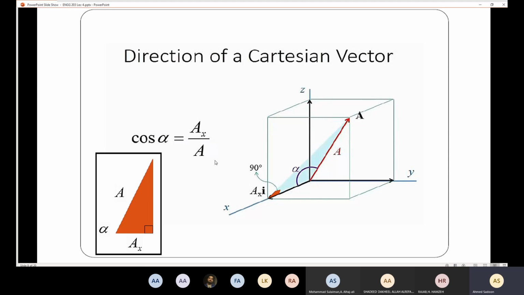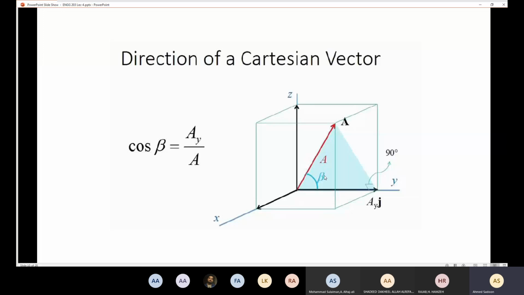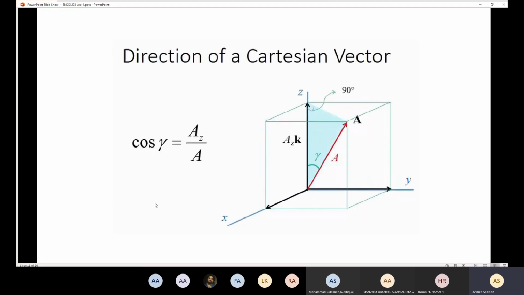The same concept could be applied for beta. We can take this triangle here, and we are going to see this one is the right angle, and here we have beta, and then cosine beta is going to equal the adjacent over the hypotenuse. The adjacent here is AY, and the hypotenuse is A. And similarly, we are going to apply the same concept for gamma.